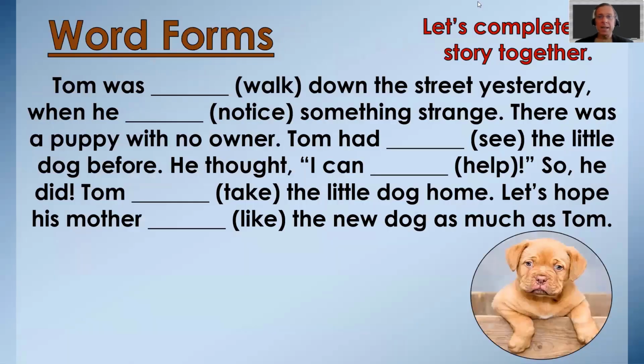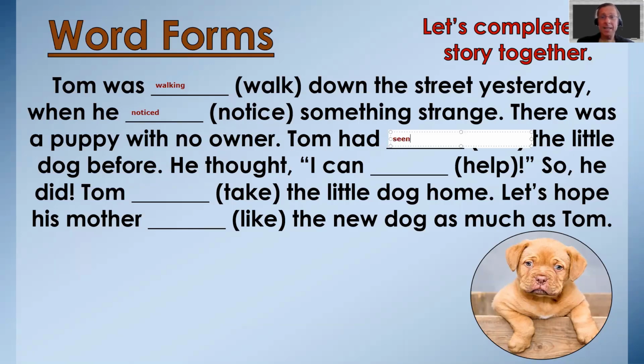So let's go ahead and complete this story with the correct form of the word. Tom was walking down the street yesterday when he noticed something strange. There was a puppy with no owner.